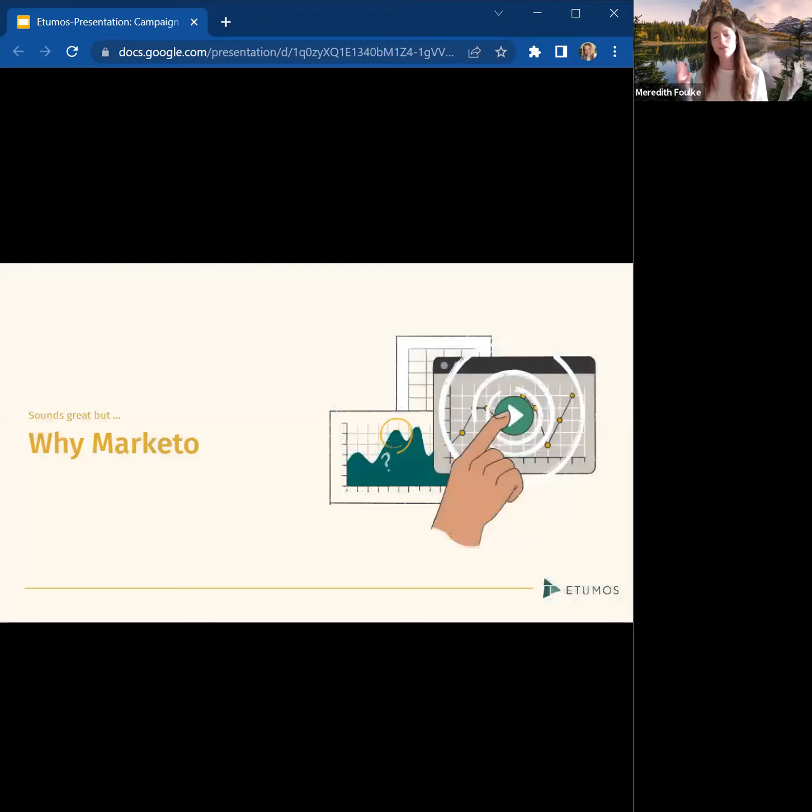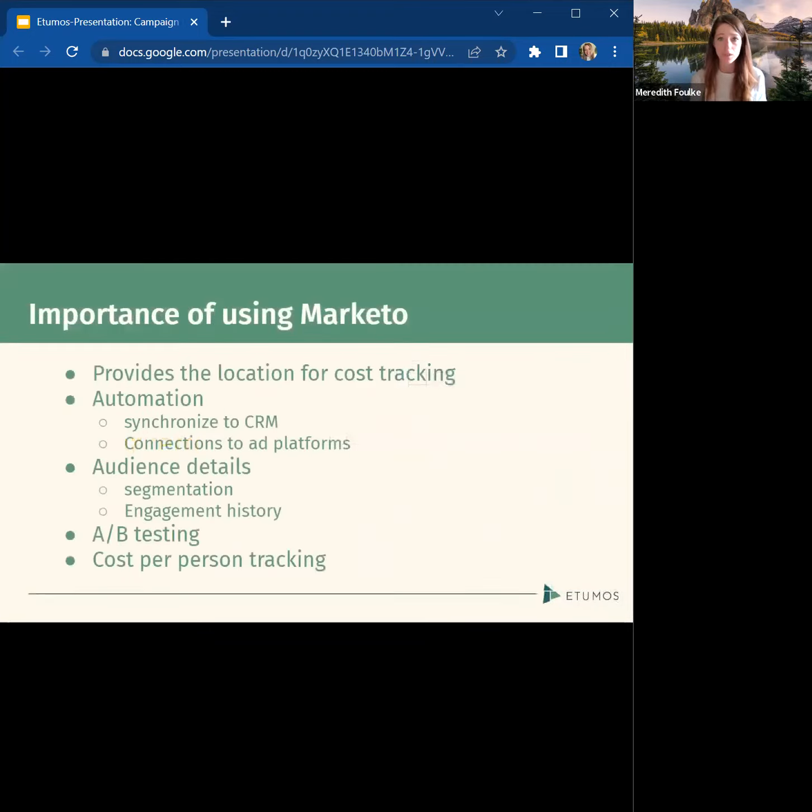So this all sounds great, but why track this in Marketo? The importance of Marketo is really easy to see. It provides, 1, a location for cost tracking at a program level. It also is your marketing automation platform, meaning that it has automation components a part of it, including synchronizing data to your CRM and connecting to your ad platforms.